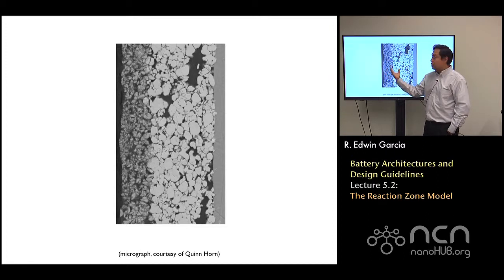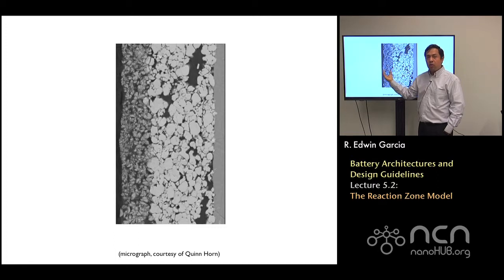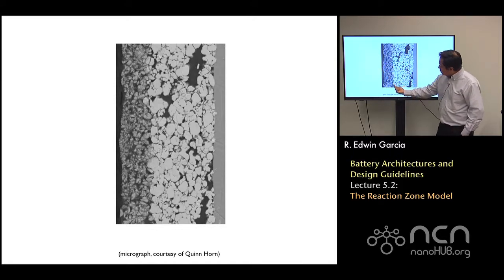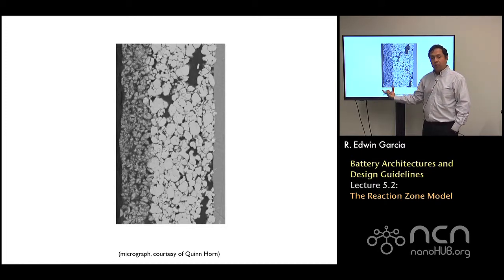Basically, there's a zone. Think of it as some sort of reaction zone where the bulk of the reaction took place, where the bulk of the charge is being intercalated. Notice how the back of the electrode really is pristine, still clean, suggesting that all the work was performed here.